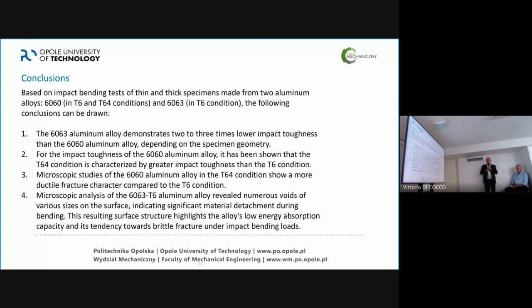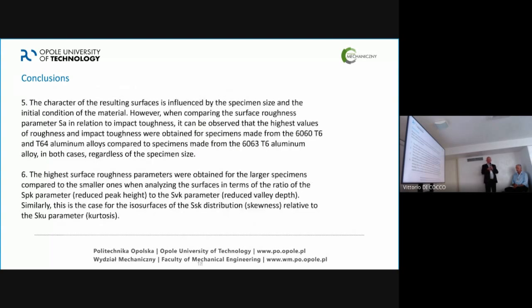This resulting surface structure highlights the alloy's low energy absorption capacity and tendency toward brittle fracture under impact bending loads. And these two conclusions are very new.